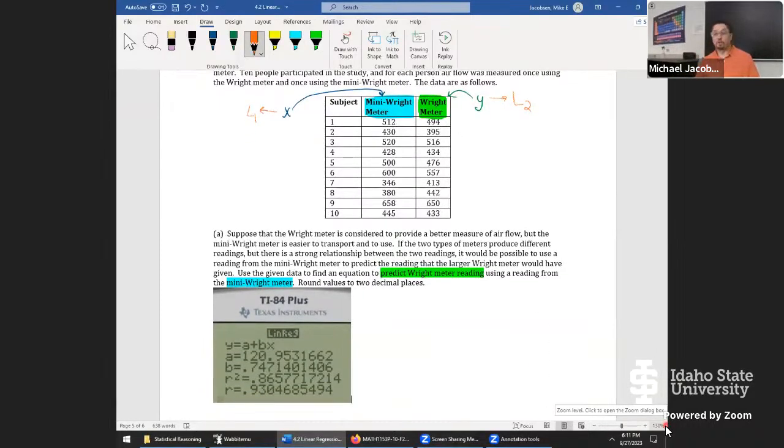But what you would put down on paper, if it was, say, a quiz problem, web assignment problem, or exam problem, would be this. Either write y, or the best practice is y hat, but I'm not very picky about that. We need to give it first the a value, 120.95. That's rounding to 2 decimal places like the problem indicated for us.